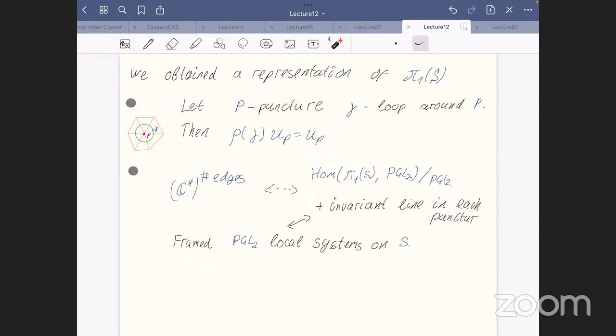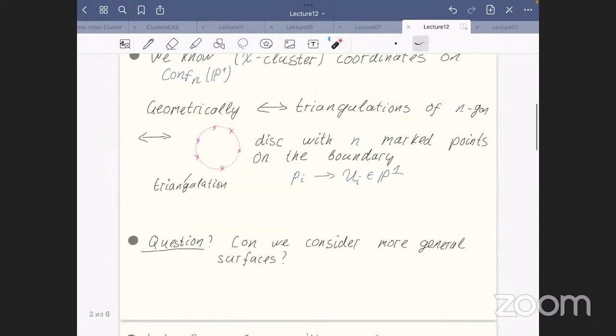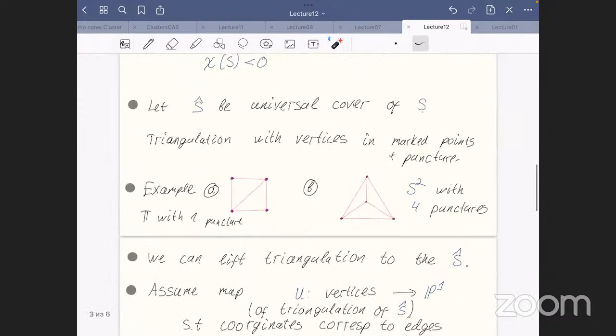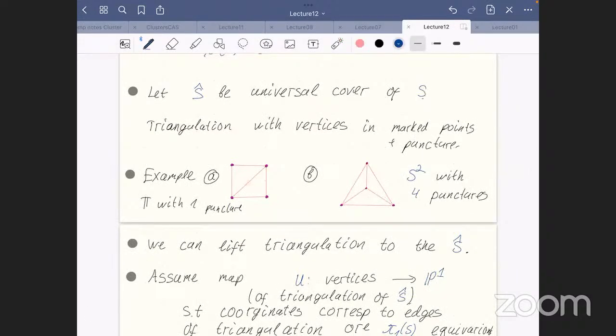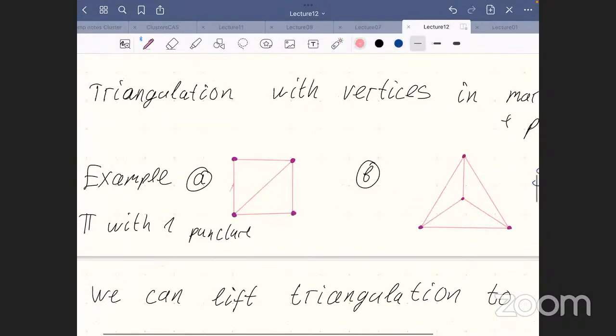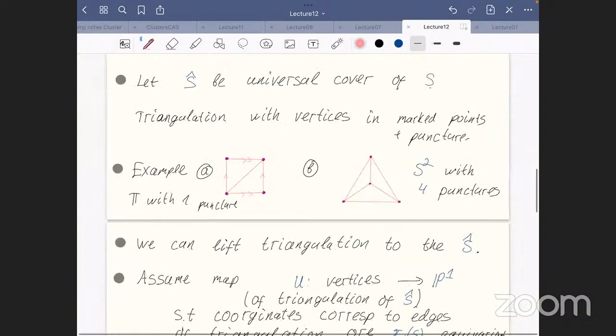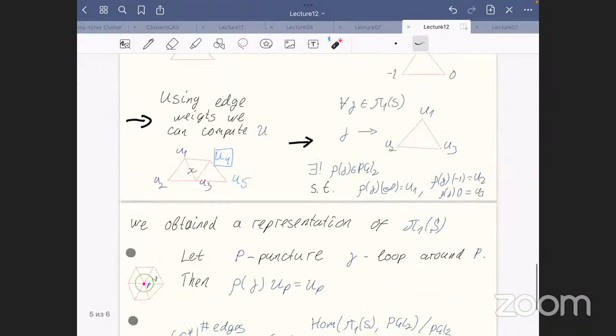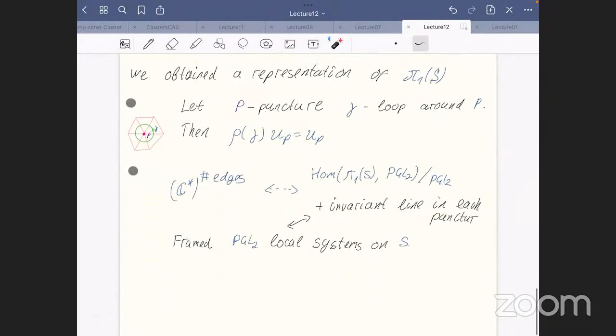In the example which we had in the very beginning, which corresponds to the disk, we don't have this story about PGL2, because this is already simply connected, so we don't have any monodromy. But if you try to do something more involved, like a torus or a sphere with punctures, then you naturally come to the representation of the fundamental group, which is by definition the local system.